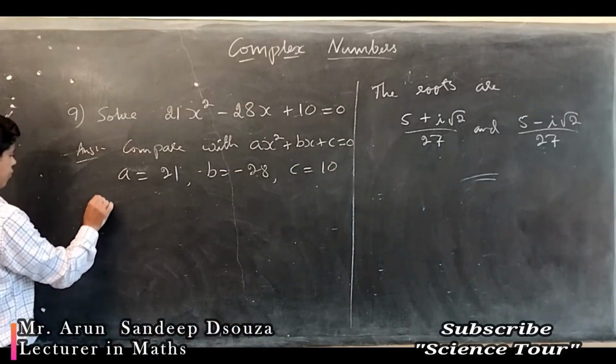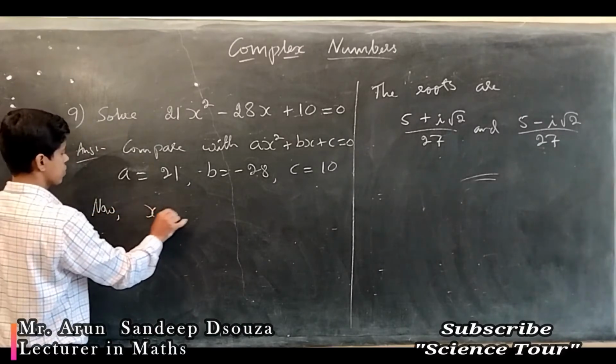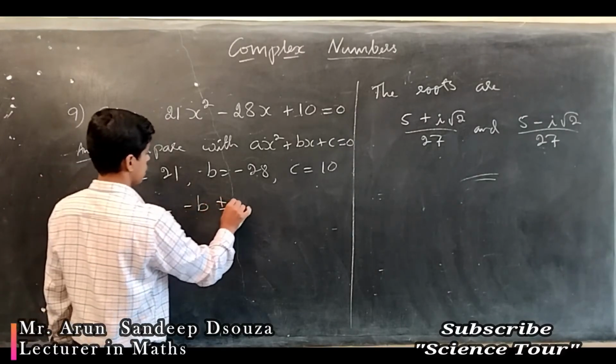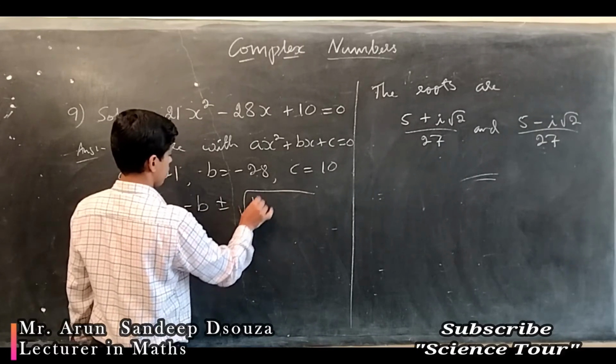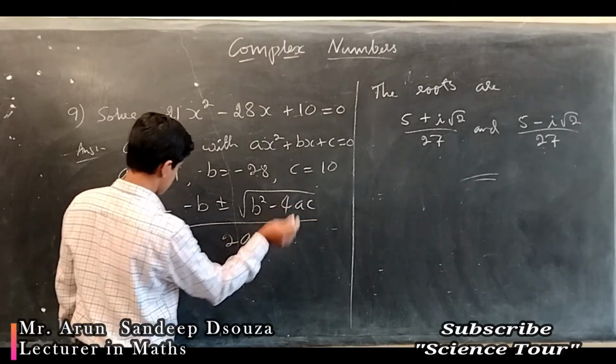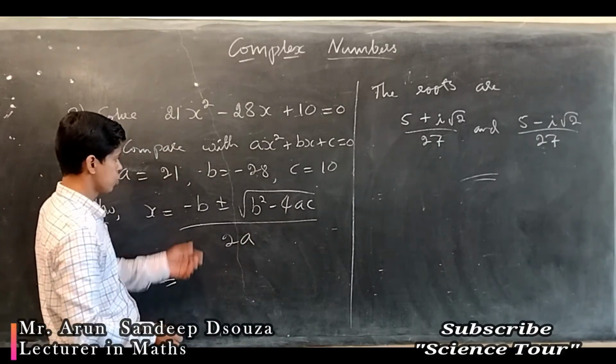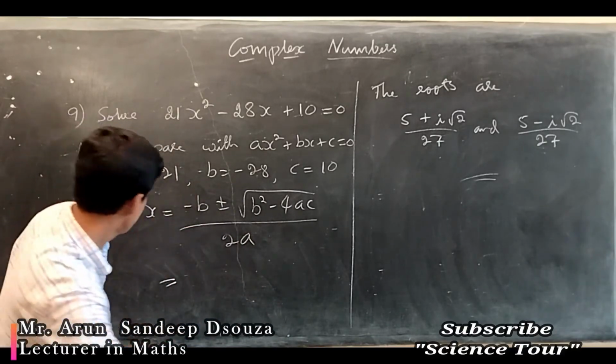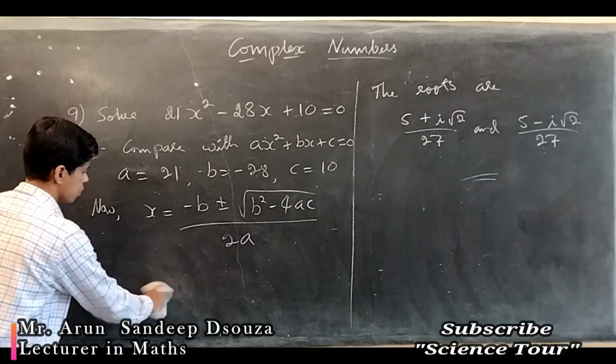Now we know this formula: x equals minus b plus or minus square root of b square minus 4ac, divided by 2a. So substitute all the values.